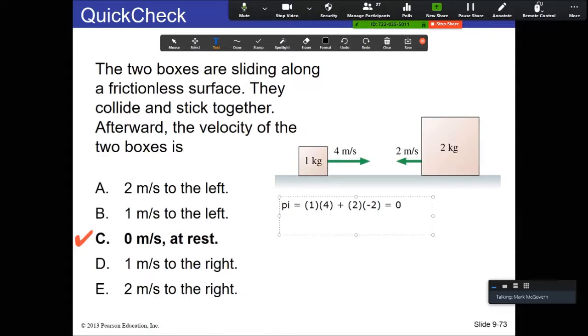The overall momentum of this system is 0. So if they're going to stick together, if they're going to collide, then we're going to look at the combined masses of these two things with some final velocity. But the system momentum is 0. So that means the velocity has to be 0. So these two things are going to hit. They have the same momentum, the two objects, just one's positive, one's negative.